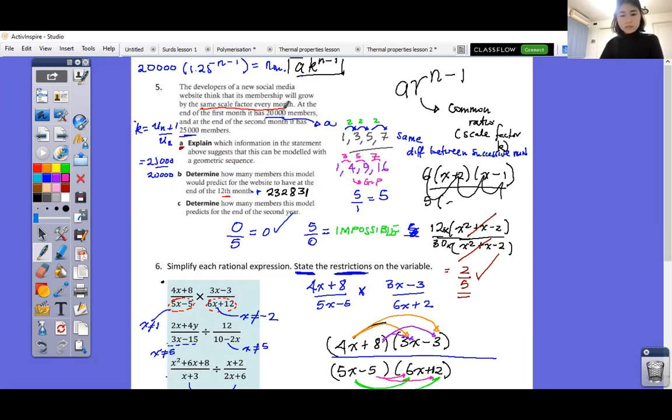But the key term here, they're saying it will grow by the same scale factor. Now, a factor is something that you multiply by. So if I say increase 8 by a factor of 5, it means I'm telling you to do 8 times 5.